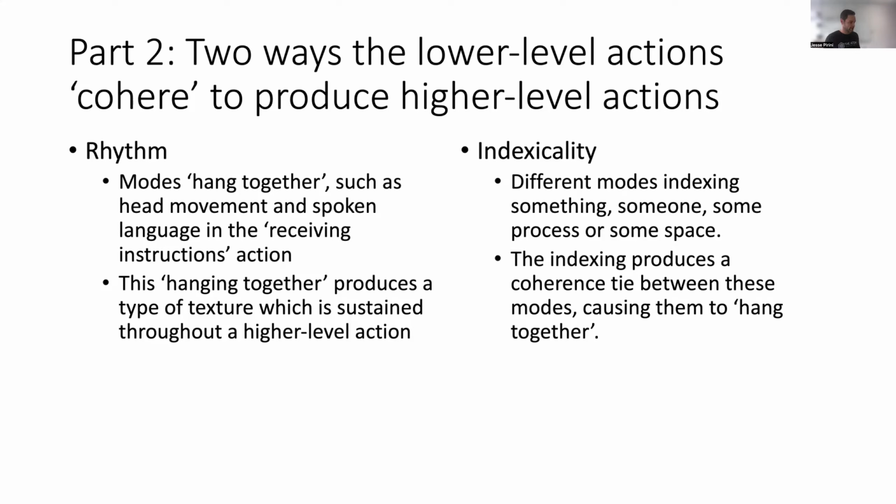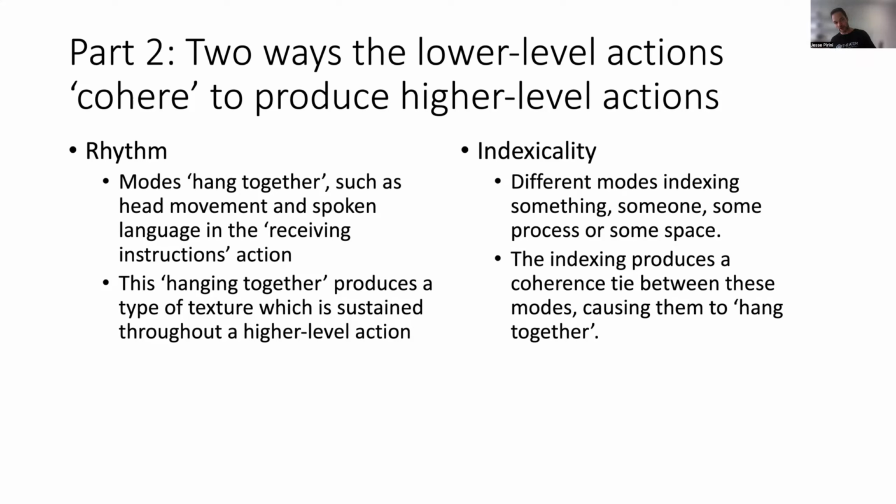He might then look at them, or as he produces them, he looks at them, and there's a coherence tie produced between the indexing of a space through gesture, giving that space meaning through talk, and also through gaze and head movement and posture. So this indexing produces coherent ties between modes.